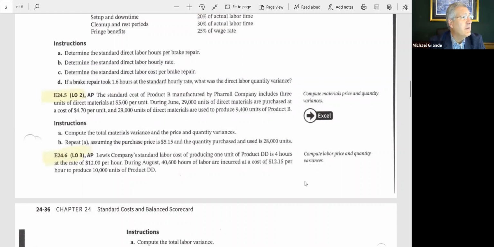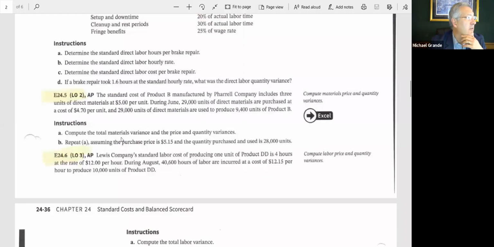During June, 29,000 units of direct materials are purchased at a cost of $4.70 per unit, and 29,000 units of direct materials are used to produce 9,400 units. 9,400 units is the actual output. And please remember, it takes 3 units to make one of these. It's a poorly worded question, but that's what the author gave us, okay?